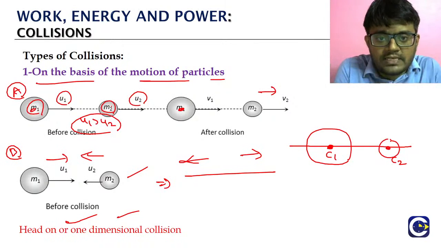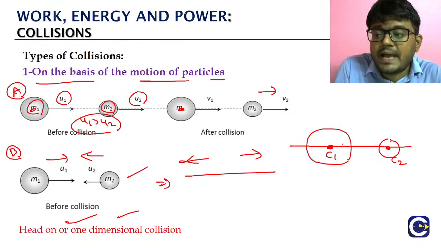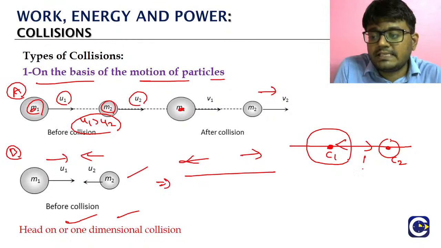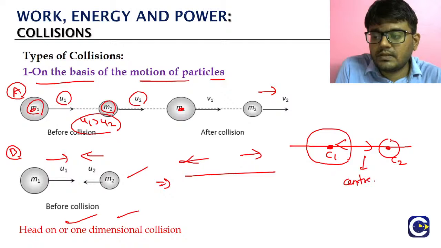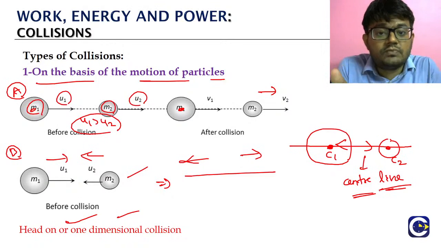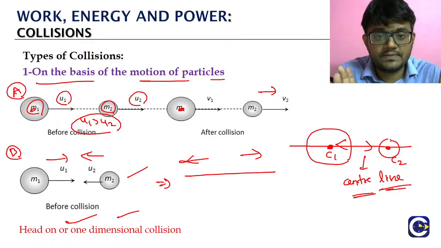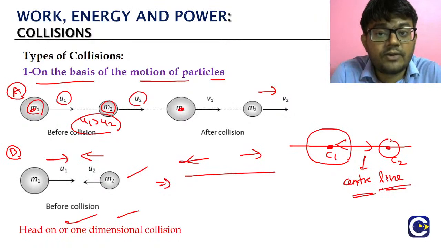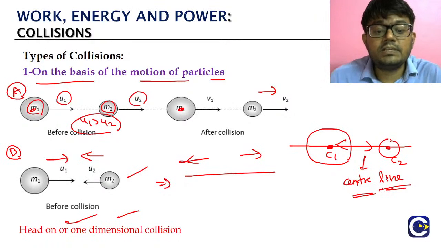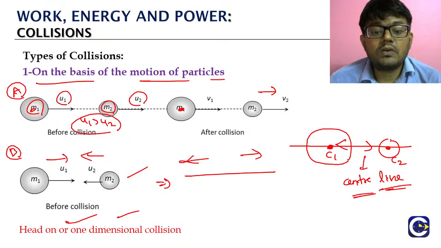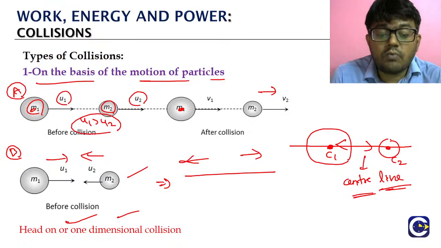If they are along the center to center line, then after the collision also, because the impact of collision will be along this center line, the velocities will be confined to the same line, because a line means we can have two possible directions. Such collisions we will call head-on collisions or one-dimensional collisions.